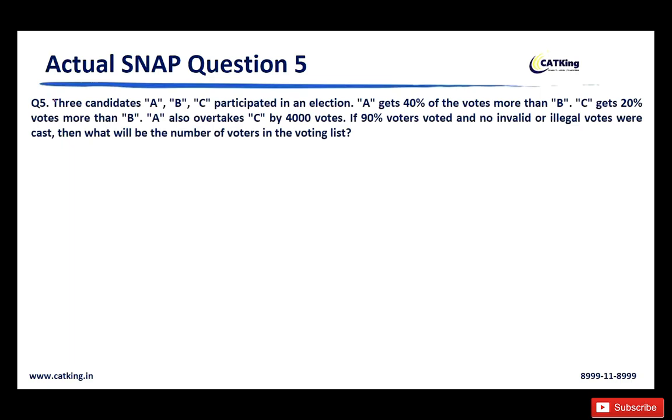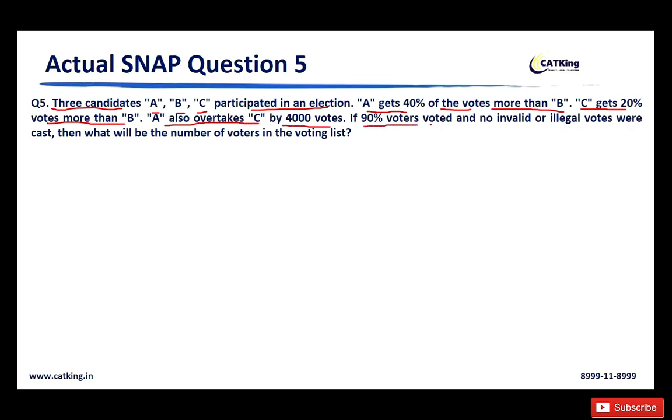We have 3 candidates A, B and C who participated in an election. Now if A gets 40% of the votes more than B, C gets 20% votes more than B, and A overtakes C by 4,000 votes.